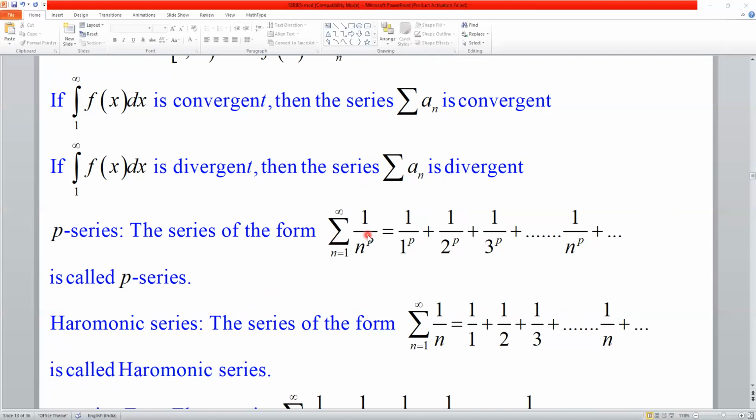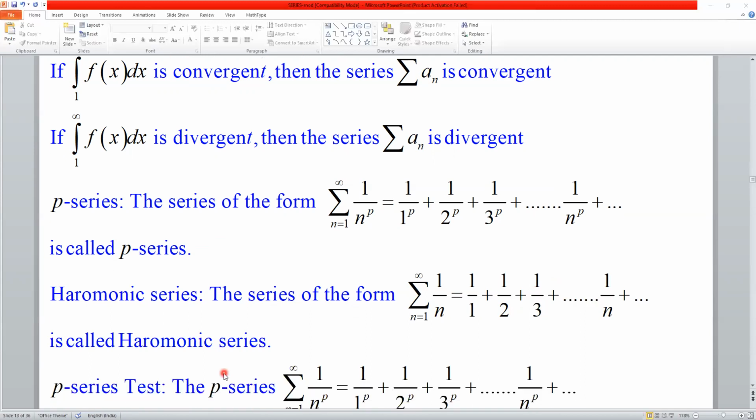The P series leads to the harmonic series when p is equal to 1. That is summation n equal to 1 to infinity 1 by n, which can be written as 1 plus 1 by 2 plus 1 by 3 plus etc. plus 1 by n, and it goes further. It is called the harmonic series.